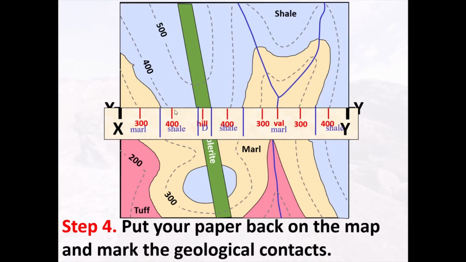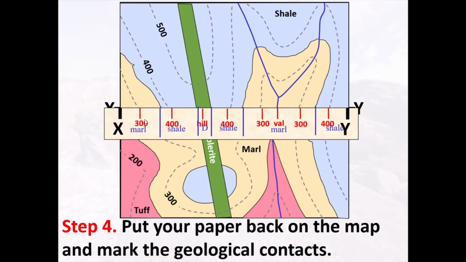So for example here, along my cross section line, I've found the contact between the marl, the yellow unit, and the shale, the blue unit. And then I'm in shale until this point where I hit the dolerite dike, and that continues for this distance. Before, if I were to walk along this landscape, I'd be back into shale, marl, and shale.